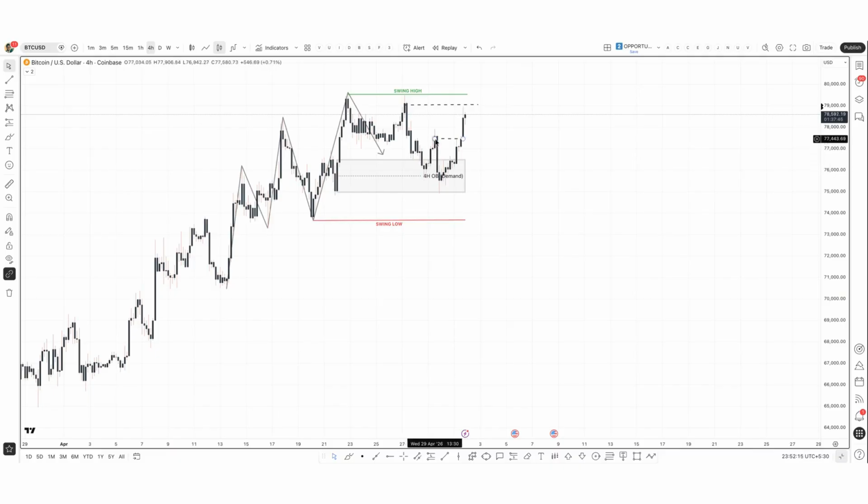I did not catch this move, I missed it, but luckily I got one sell into the deeper areas of the 4 hour OB, which I was expecting anyway because there is a 1 hour OB also sitting inside that. So with this context, I found that the prices are in the 4 hour OB. It's also a 1 hour OB as well. Therefore, we move to the 1 hour chart.